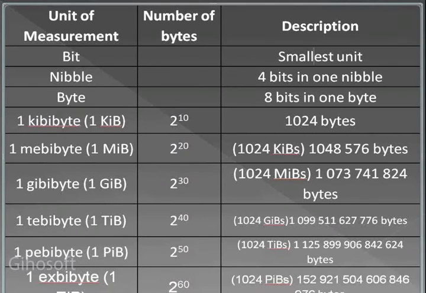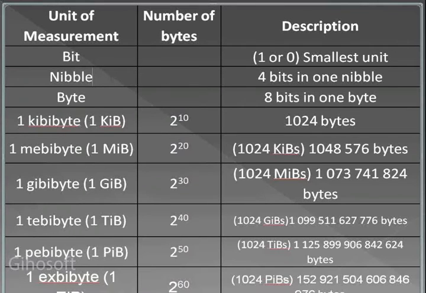Bit we already had, it is the smallest unit, it is either a 1 or a 0. Then they have introduced the concept of nibble. In the old system as well there was the representation of nibble, but the old system would say that any number of bits smaller than 8 is a nibble, meaning if you have 5 bits, 4 bits, 6 bits, 7 bits, then it would be called a nibble.